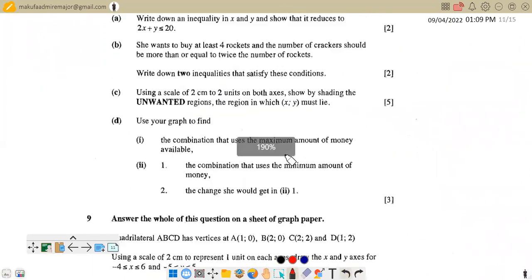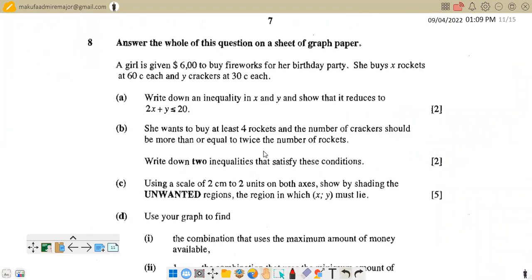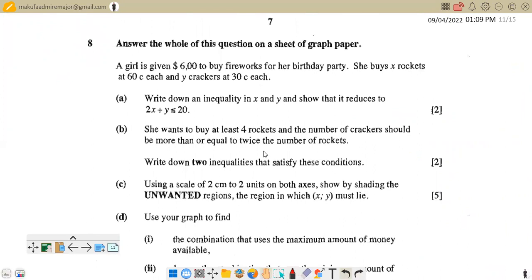Which is now on inequalities. Okay, this is inequalities question number 8. We are given that we answer the whole of this question on a sheet of graph paper, and we are given that a girl is given $6 to buy fireworks for a birthday party. Take note, this girl has got $6.